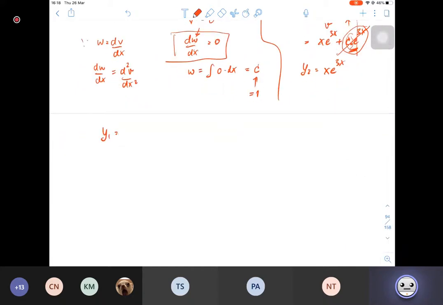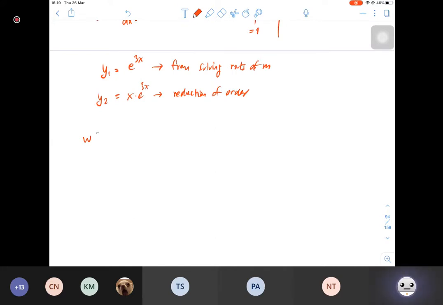So to summarize, the first solution comes from the given one, and the second one is x e to the power of 3x. This comes from reduction of order. So the two have linearly independent solutions.